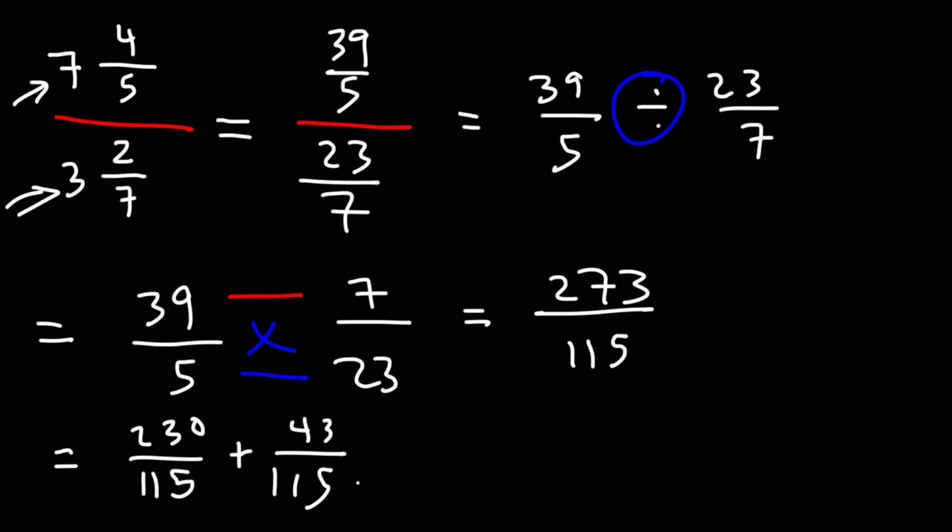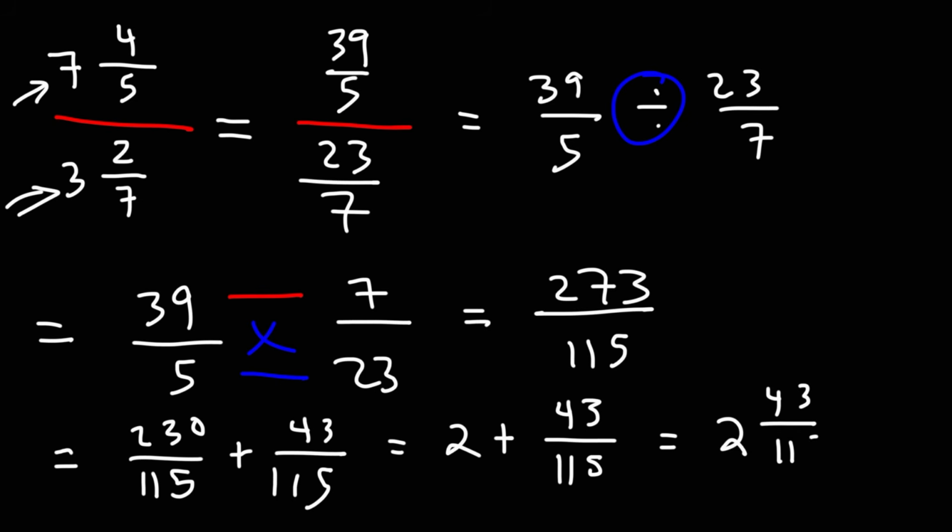So these are the two numbers that I want to break up 273 into. 230 plus 43. Now we know that 230 divided by 115 is 2. So we get 2 plus 43 over 115. And so our final answer as a mixed number is 2, 43 over 115.